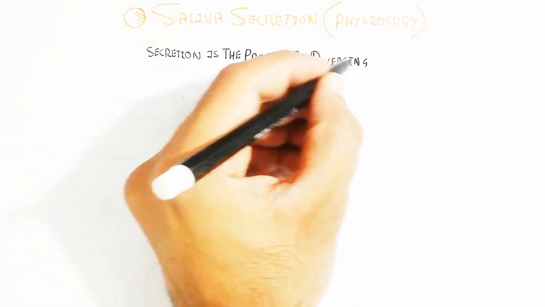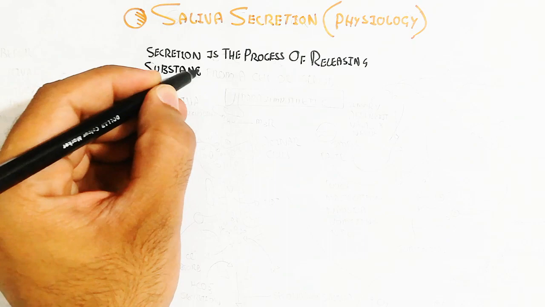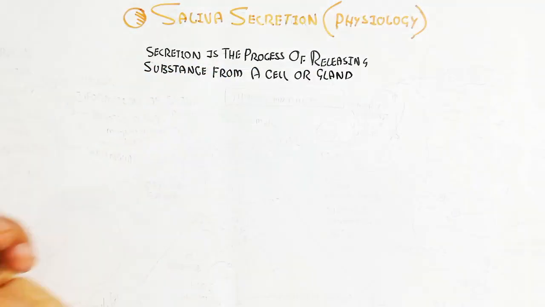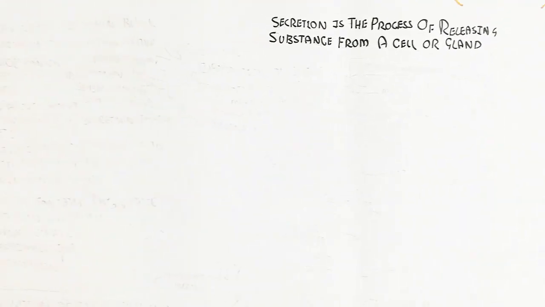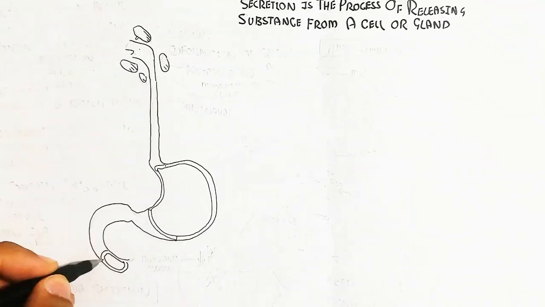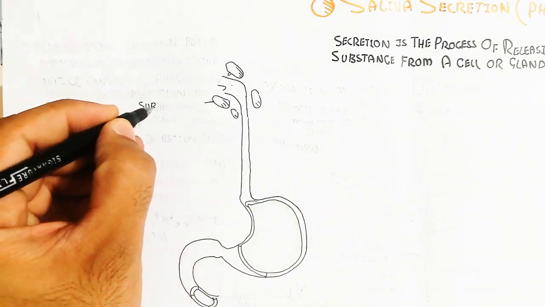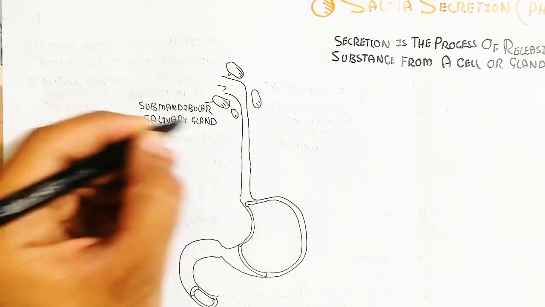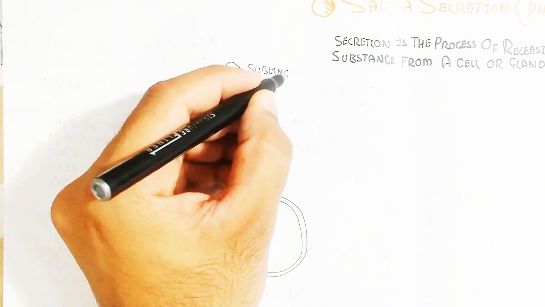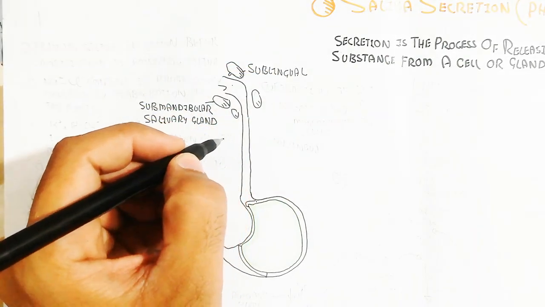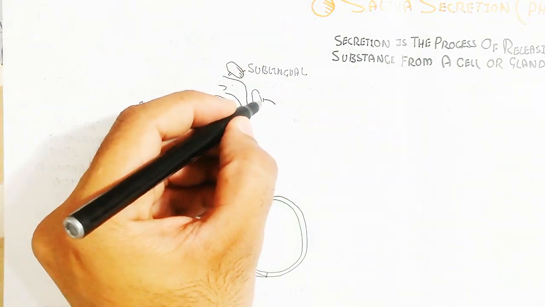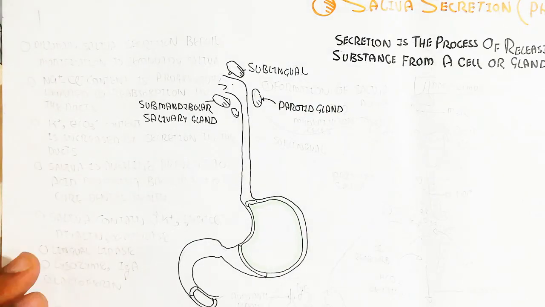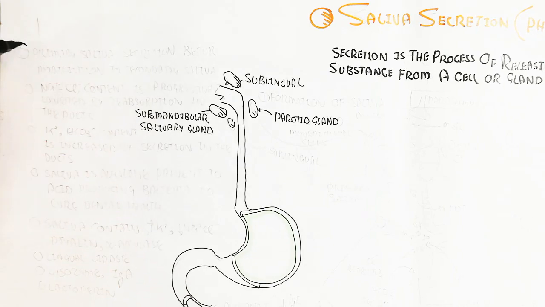The glandular structures that produce saliva do so exocrinally, not endocrinally, onto a surface, for example into the oral cavity. These are the submandibular salivary gland, the sublingual gland and the parotid gland. But we will understand with a separate diagram to understand it well.